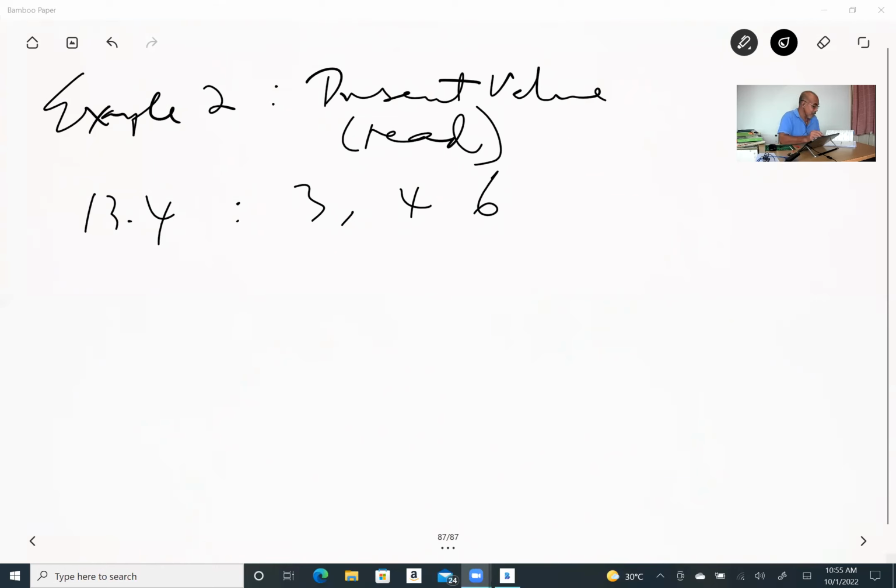I give you 3, 4, 6, and I want to give you one question for homework. So far we have had only one group homework, right? This is group homework number 2, from 13.4.